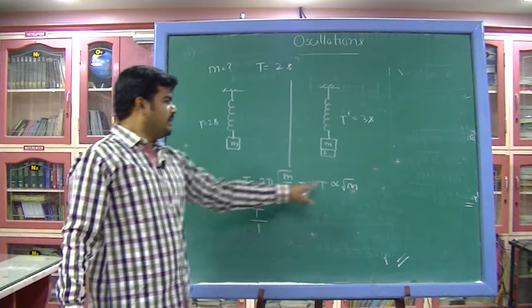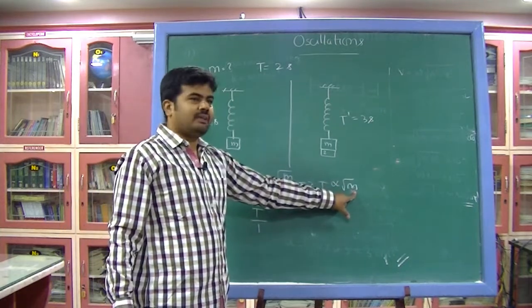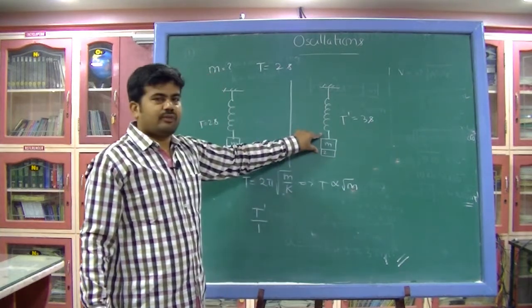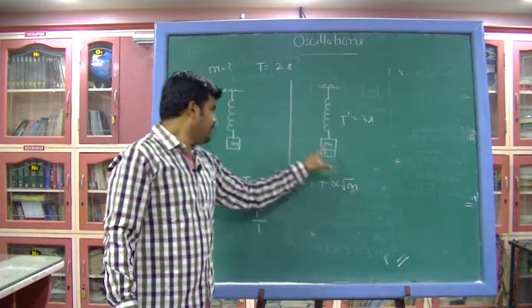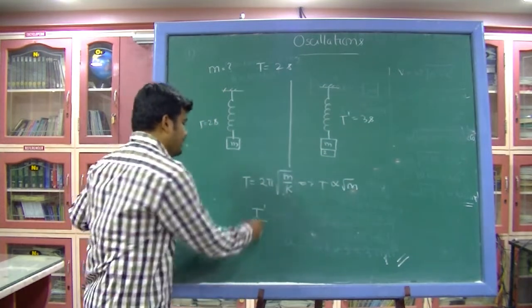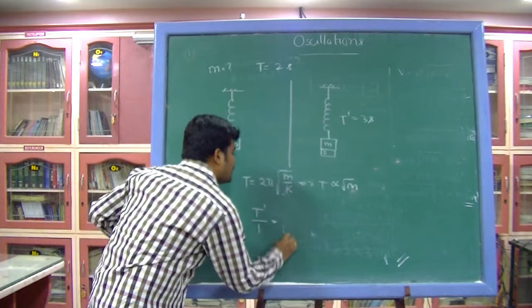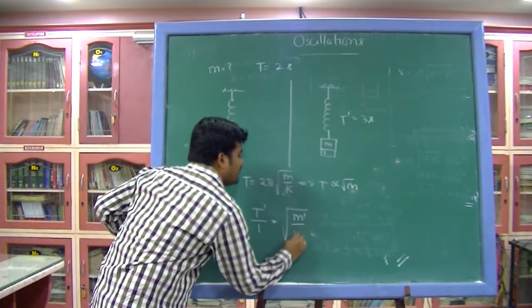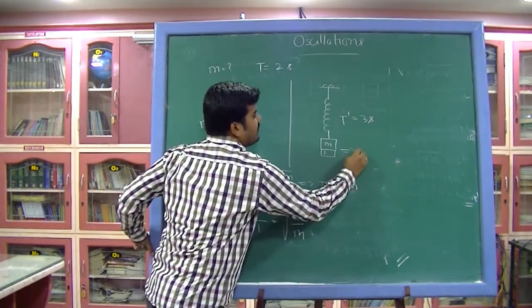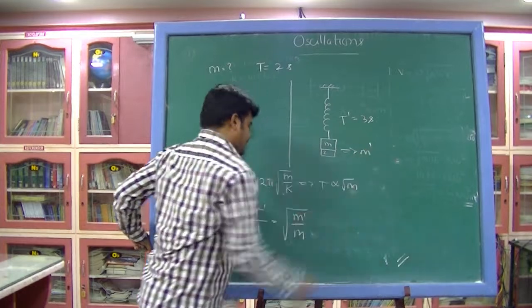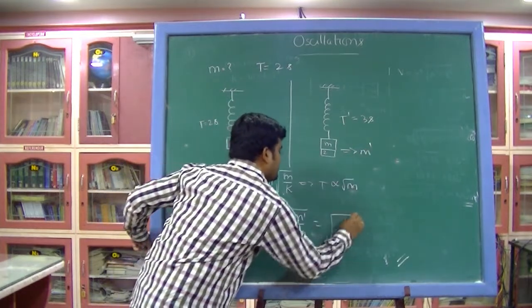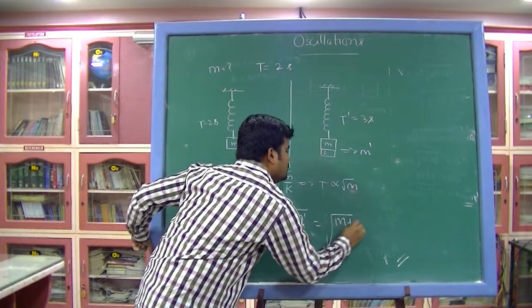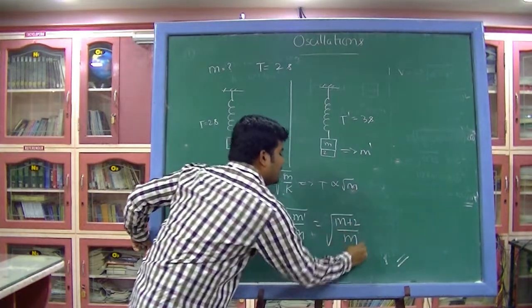Directly I can take T directly proportional to root of the mass of the block attached to the spring. So, here I can compare time periods and masses. So, okay, if I take T dash by T, I will get root of m dash divided by m. So, m dash means this I am taking as m dash. So, now you substitute the values, that is m dash value is m plus 2 and m initial mass is m only.